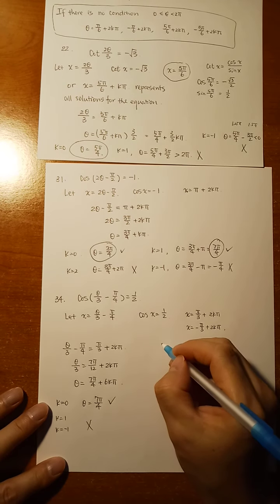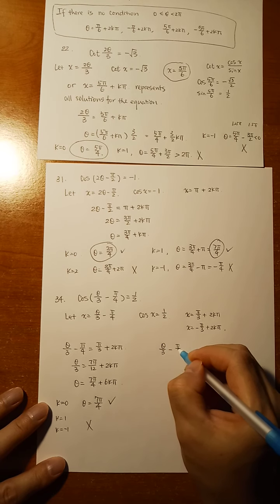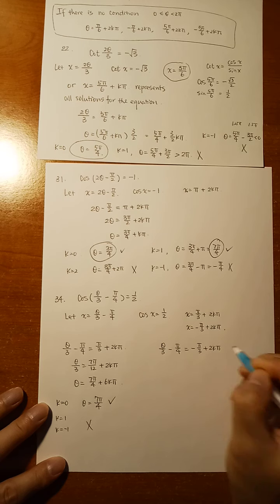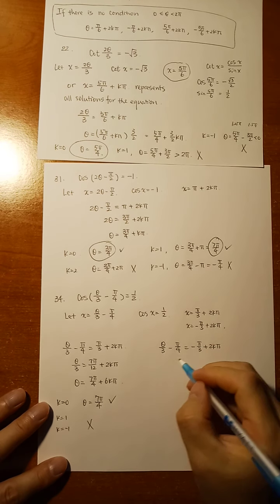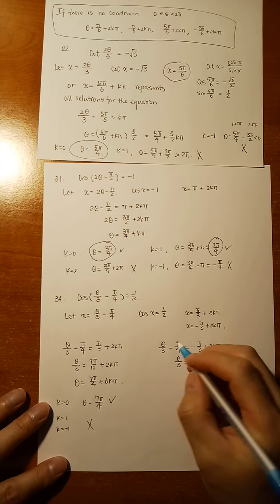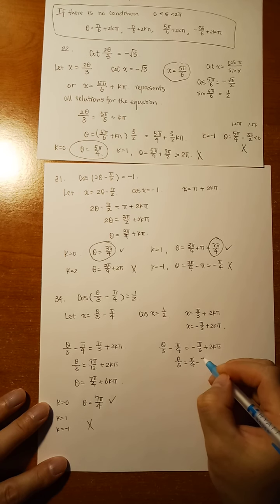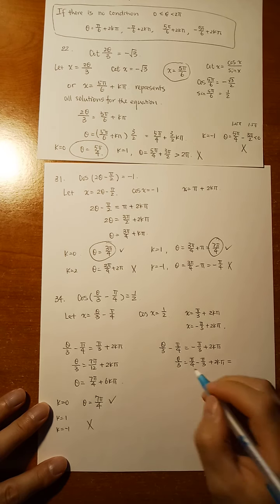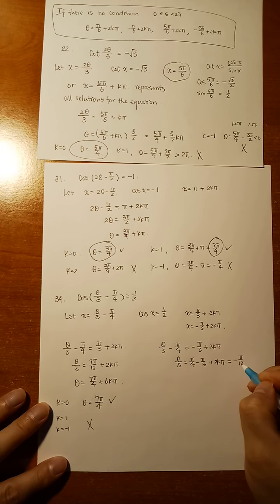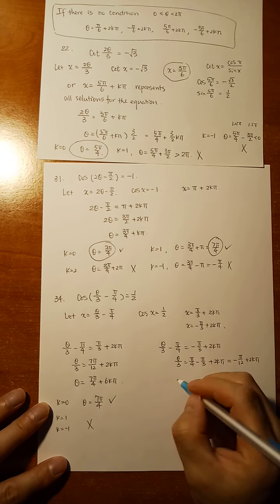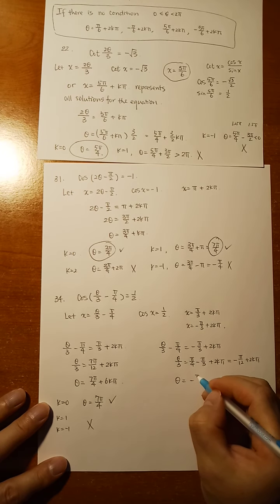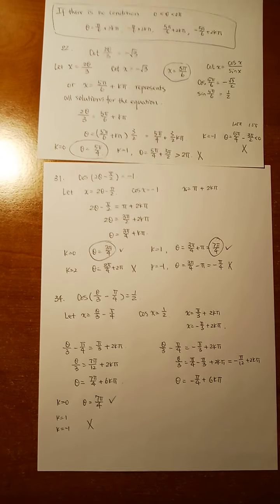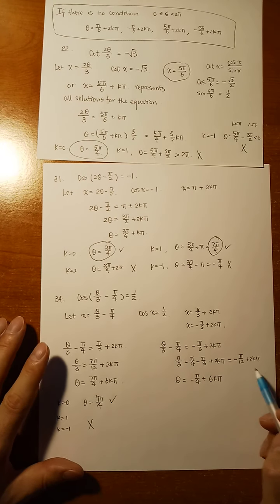And for the other one, theta over 3 minus pi over 4 is negative pi over 3 plus 2k pi. Okay? Theta over 3 is pi over 4 minus pi over 3 plus 2k pi. So it is negative pi over 12 plus 2k pi. So theta is negative pi over 4 plus 6k pi. You just multiply the two sides by 3.